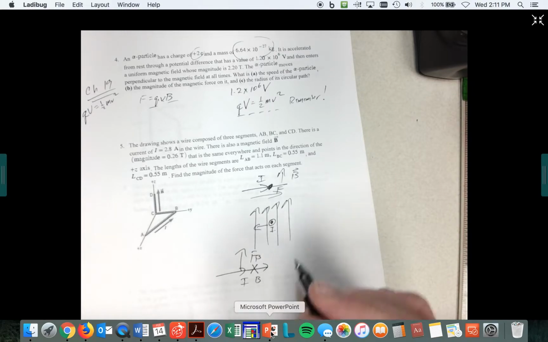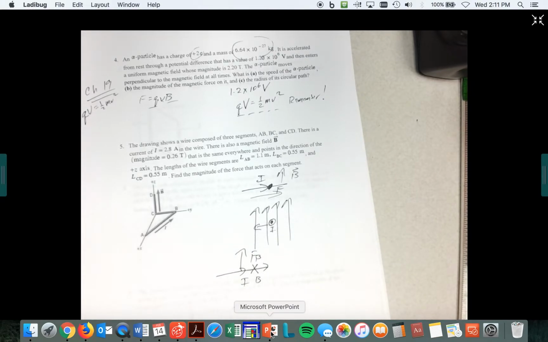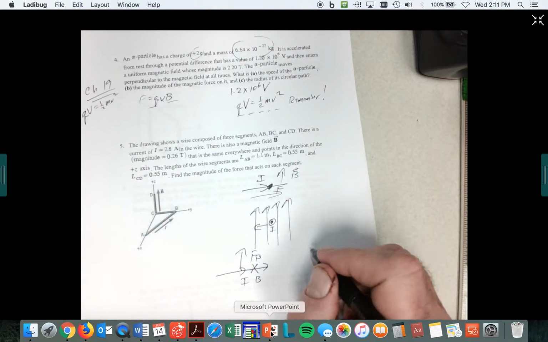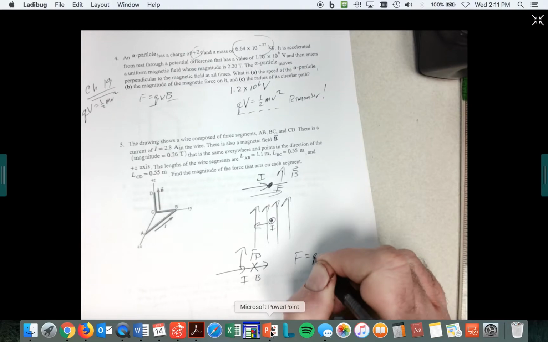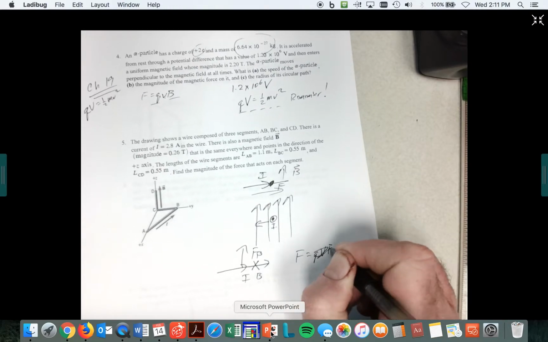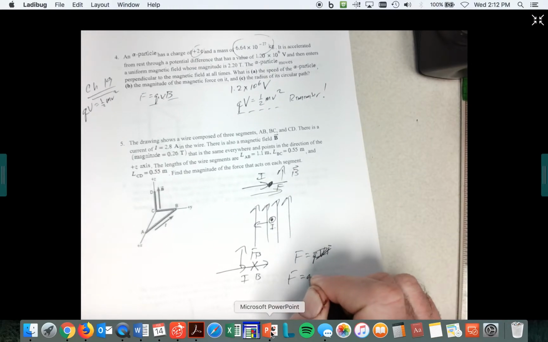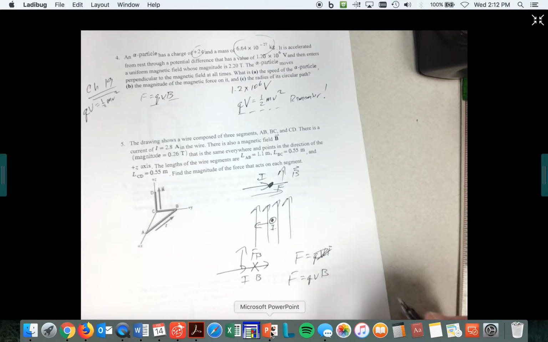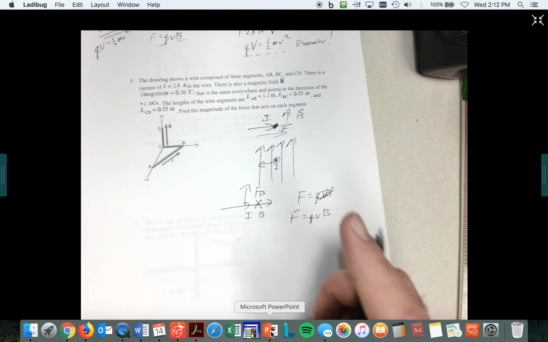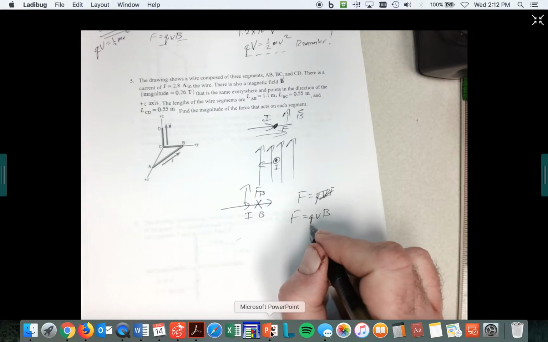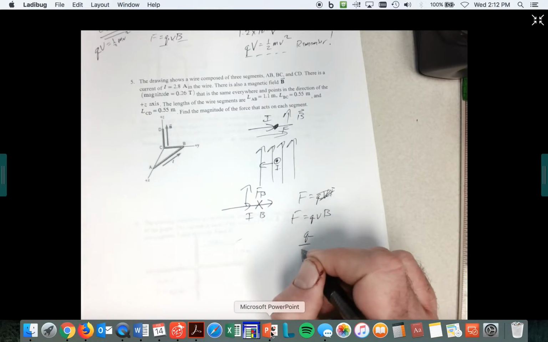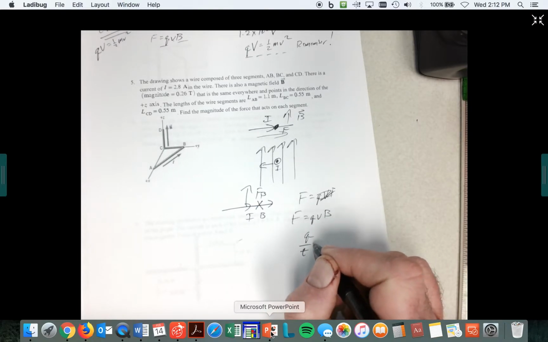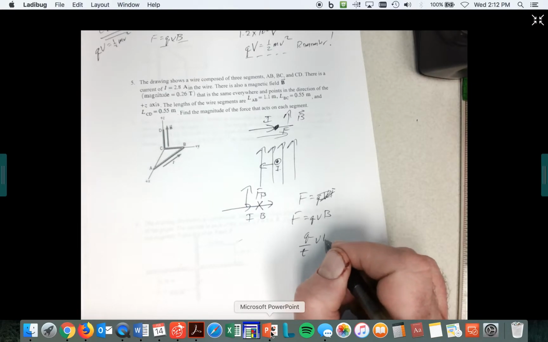Oh, but I didn't tell you how to do the force. Here's what happens. We basically derive this from F equals QVB. Whoops, got to be careful. F equals QVB. We basically take this guy. Remember, if we take Q over T, I get I, times VB. Well, that doesn't help.